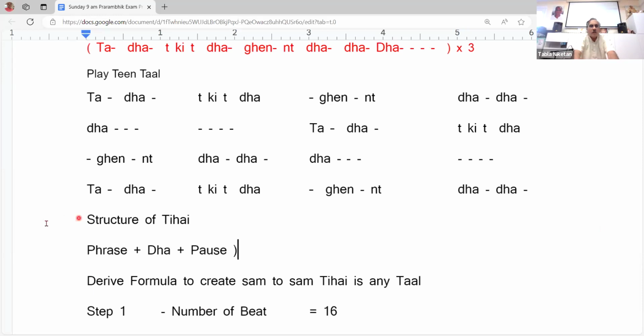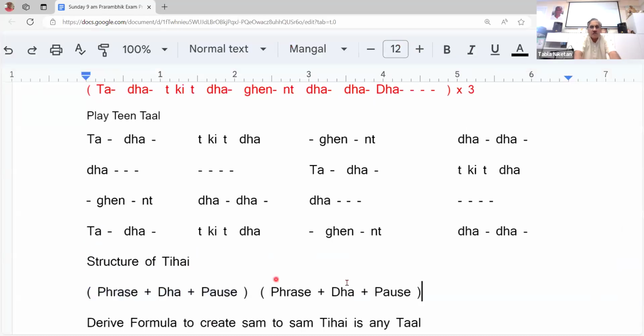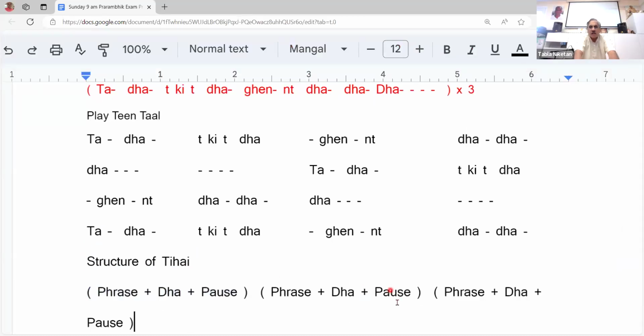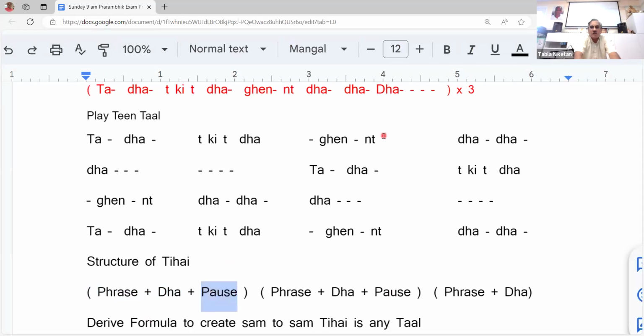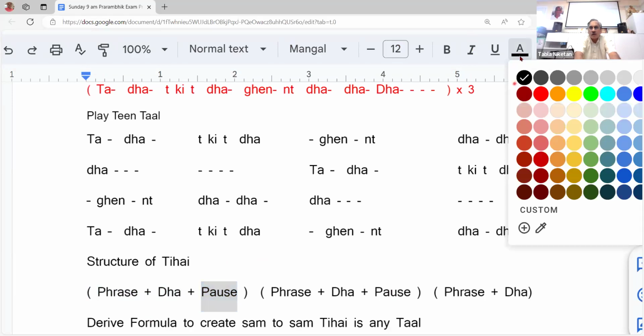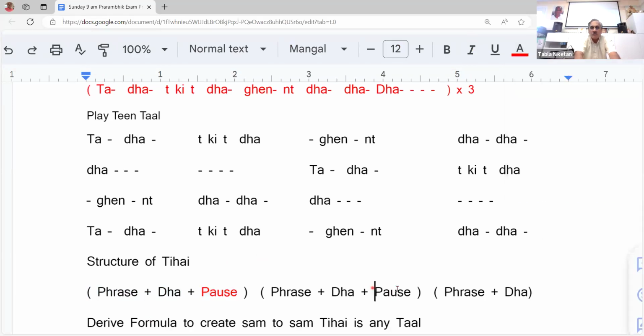This is your one loop. Phrase plus dha plus pause, second loop. And third time, that's it. So how many times does the pause occur? Only 2 times. Remember that part: the pause occurs only 2 times.